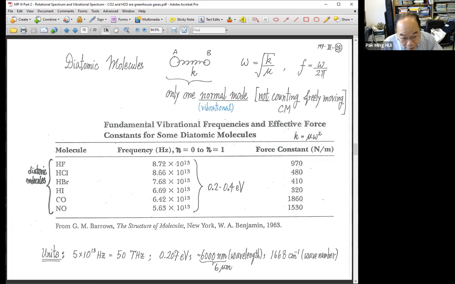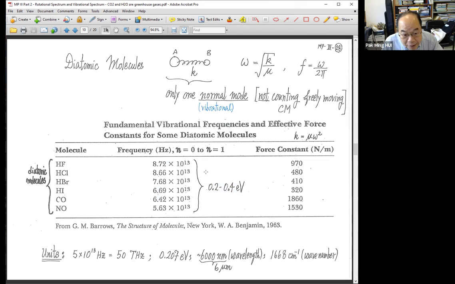So you see all this resonance, or something like an oscillator, at around the same ballpark, 10 to the 13 hertz. Only slightly different, and then it all falls into the 0.2 to 0.4 eV range. So that is the real thing.